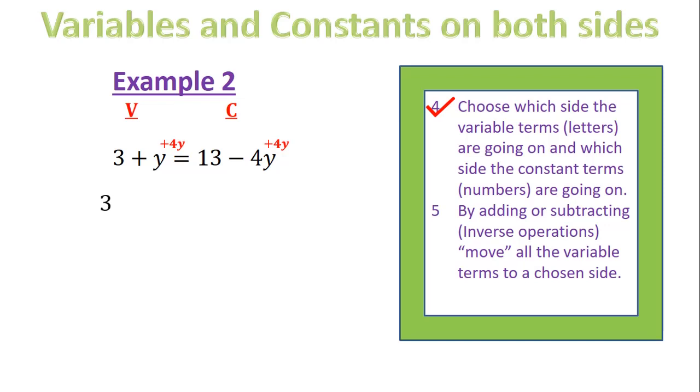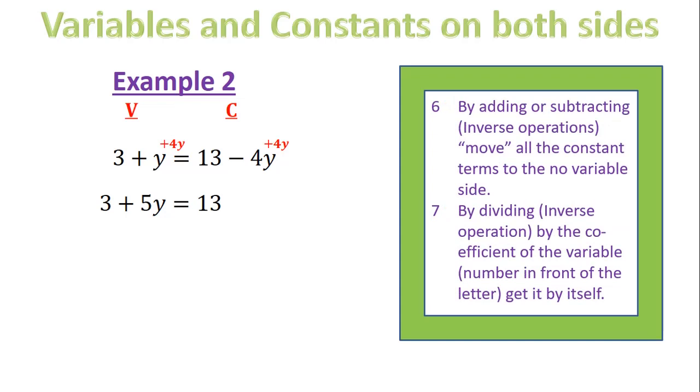That gives me y plus 4y gives me 5y. That equals 13, and then minus 4y plus 4y disappears. Step 5, done.